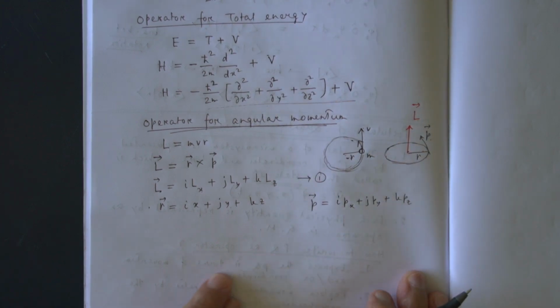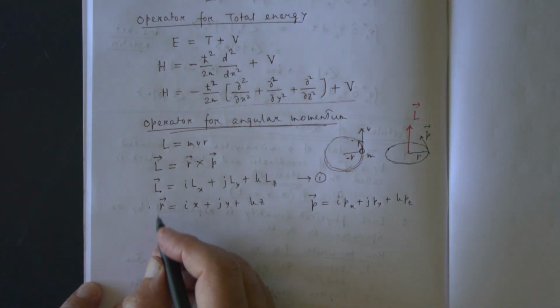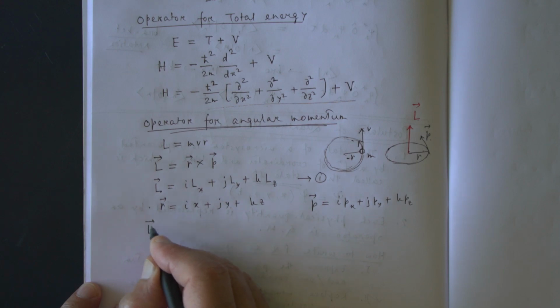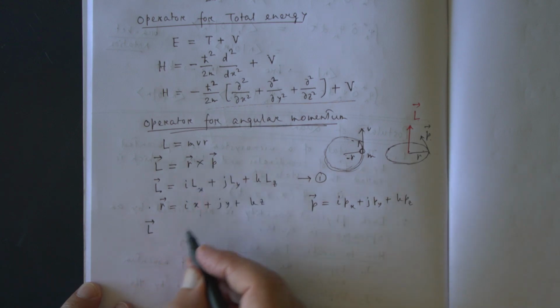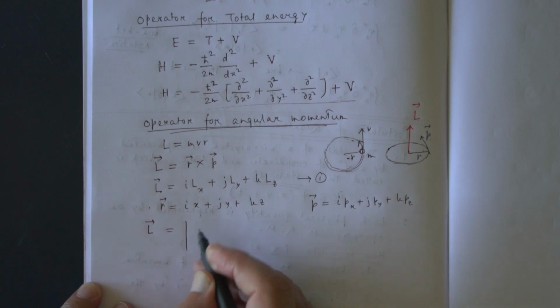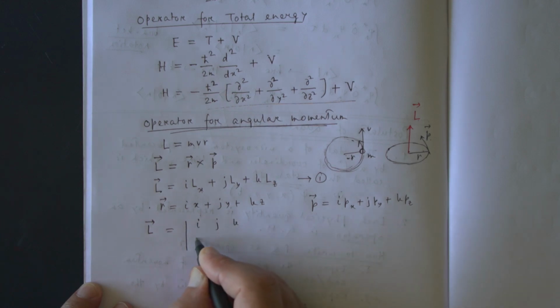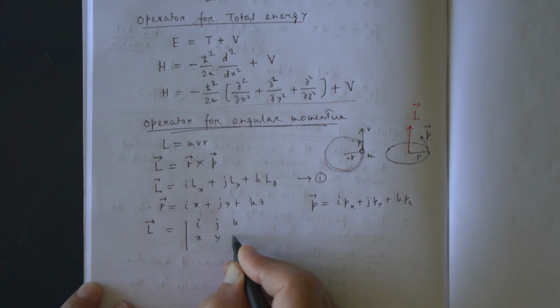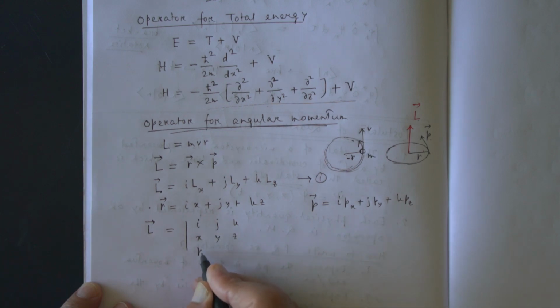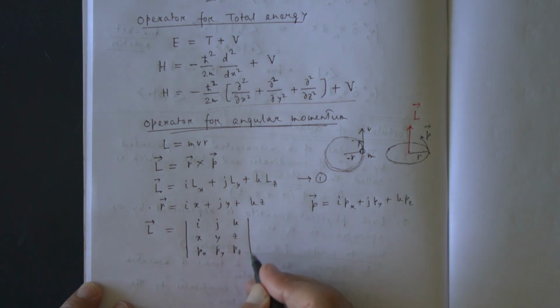So if I take r cross p, that can be represented in terms of a determinant: i j k, x y z, px py pz. r cross p can be represented in terms of a determinant.